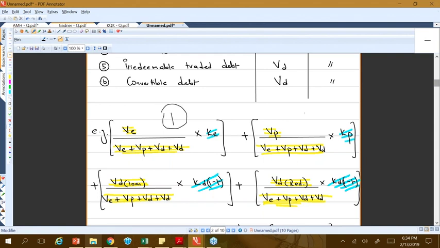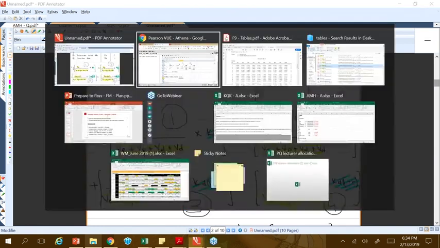In step 2, where we'll do this. Then step 3 here. And then finally step 4. So the first one is VE over all the values into the Ke. So let's go and do it.